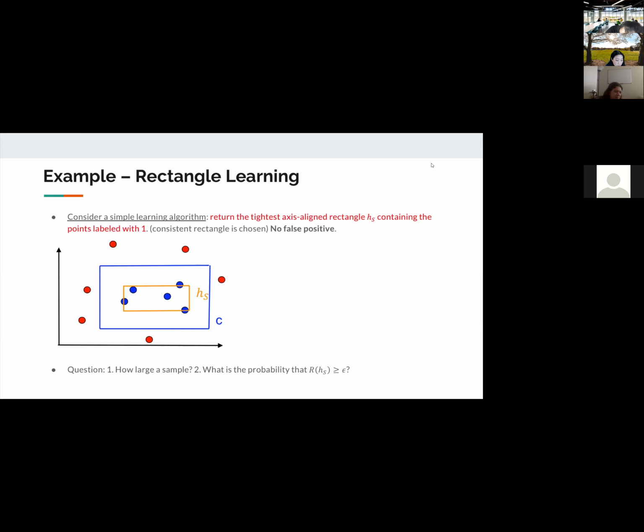Okay, so now the question is how large a sample? For such an algorithm, how large should the sample be? Then the second question is, what is the probability that R of h_S is greater than or equal to epsilon? Because you want to prove PAC learnability. Let's see if there is any question.